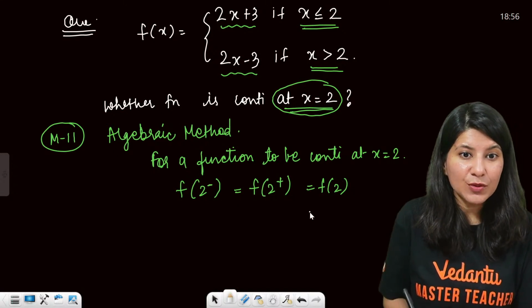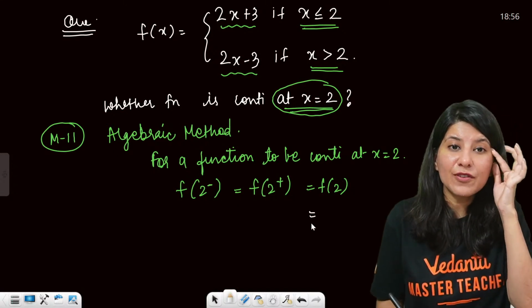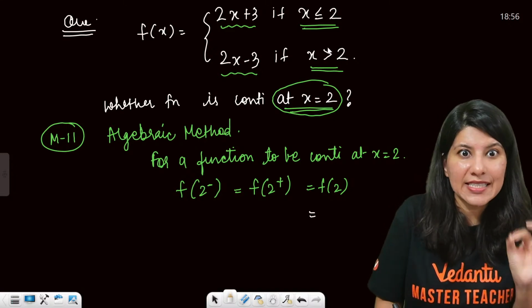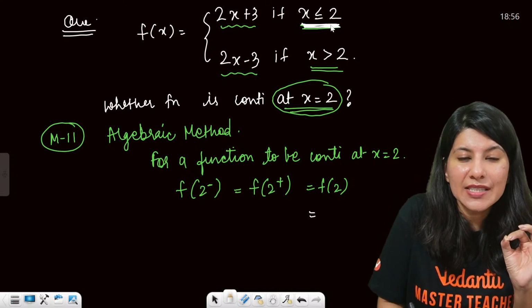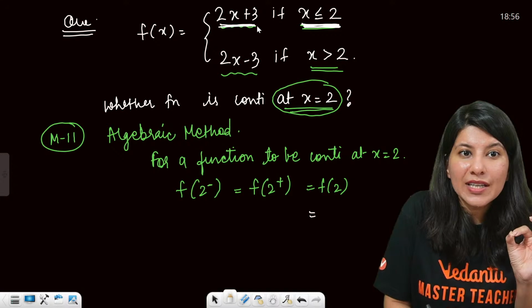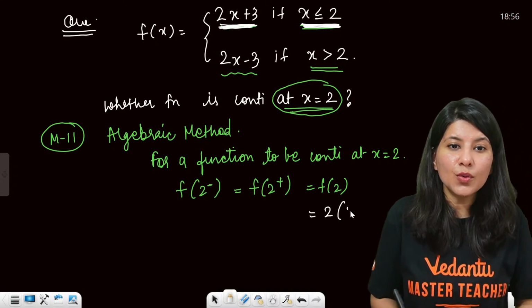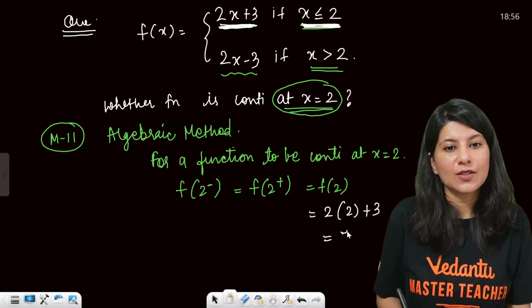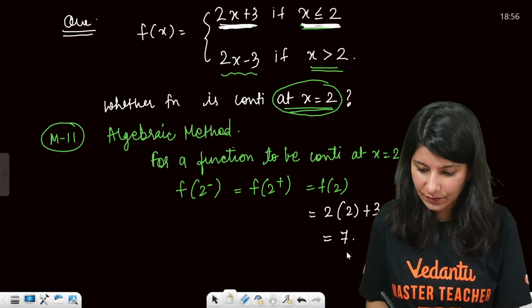Now tell me, what is f of 2? Where is f of 2? Equality, x equals 2, can you see here? That means you can put x equals 2 here. So 2 times 2 plus 3. So this is 7.